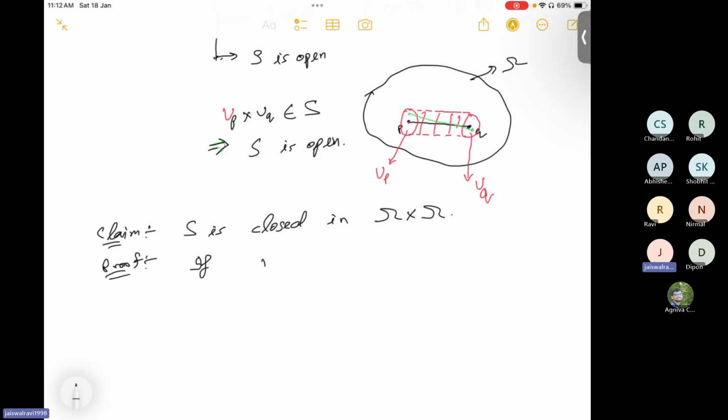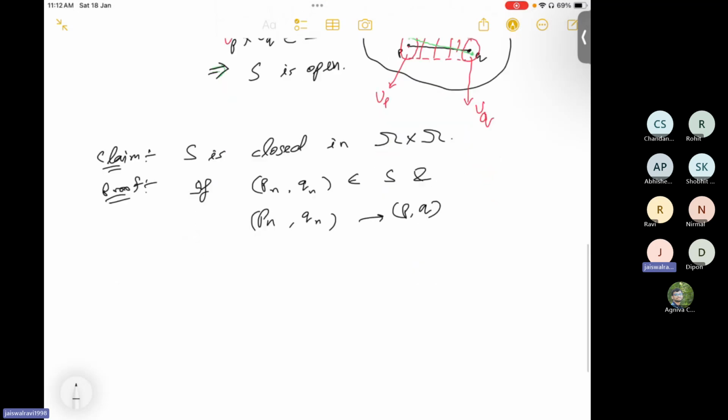So let p n comma q n be any sequence in S, and p n comma q n goes to some p comma q. We want to prove p comma q is in S. If we can show that p comma q is in S, then we are done, and S is closed. Okay.